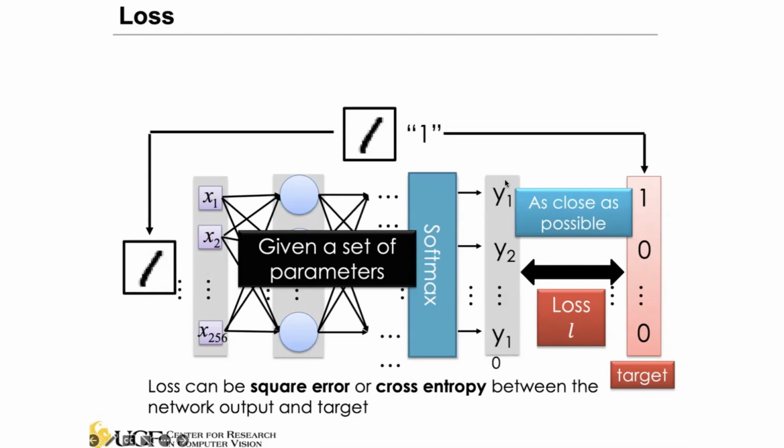So this is a prediction vector, and this is the ground truth one-hot encoding vector. We can measure the difference using the mean square error. We can also use the cross entropy between the prediction and the target. These are commonly used losses to specify how good the model is right now.